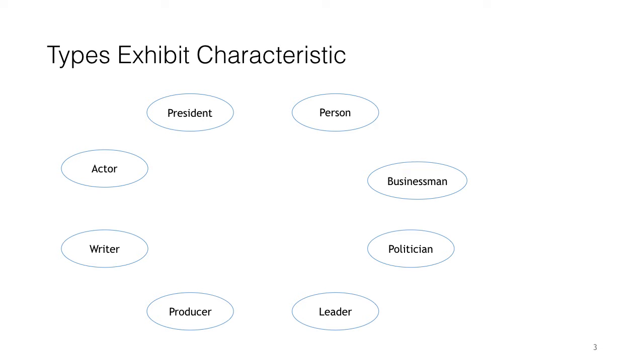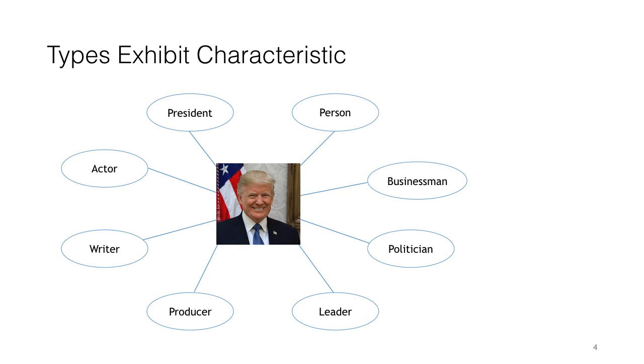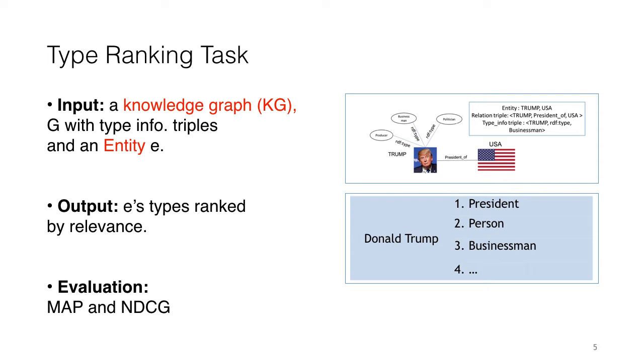He or she is a politician, also known as an actor, maybe, and so on. Actually, those types are associated with the entity Donald Trump. As you can notice, entities are often associated with several types, and selecting the most relevant types to answer a query about a particular entity is challenging while there is no type ranking.